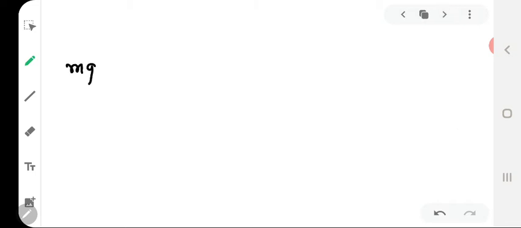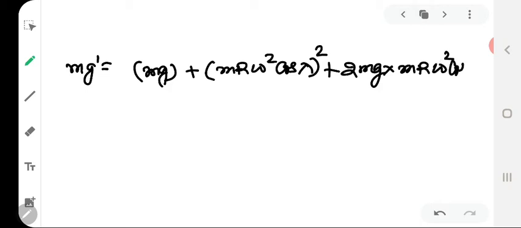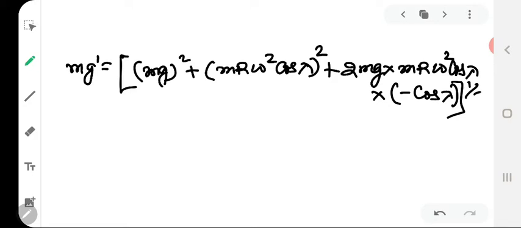We can write down PC to be equal to mg dash, PA to be equal to mg, and PB to be equal to m r omega square cos of lambda.